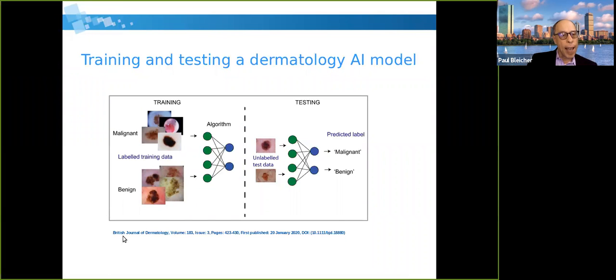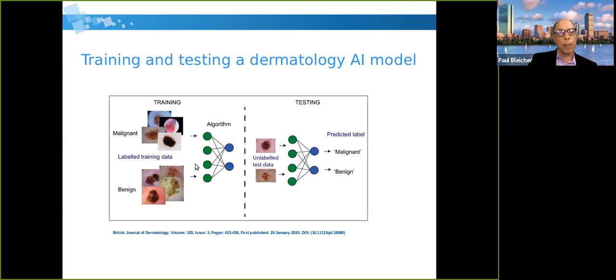So again, a different way of looking at training and testing using a dermatology model. As a dermatologist, I tend towards these. You train by essentially subjecting an algorithm, and we'll talk a little bit more about what the algorithm is, to millions of examples, if you have them, of training data that are labeled malignant or benign.